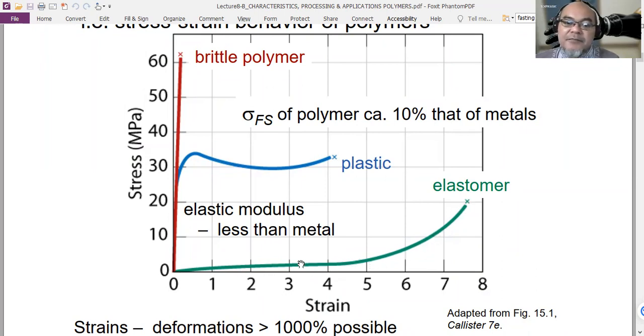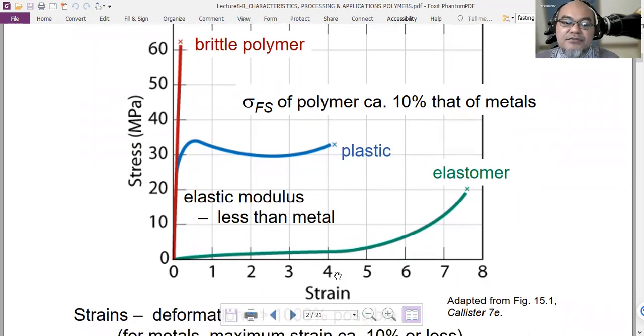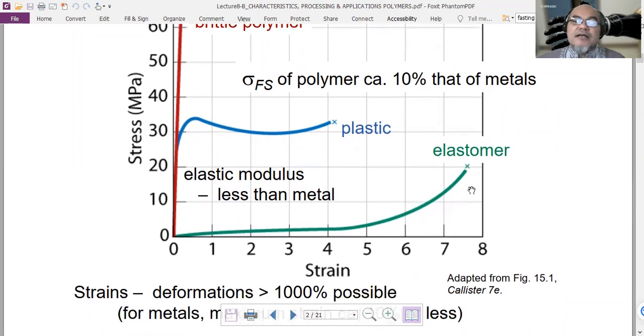As you can see here, it can be stretched up to 7 strain. It means 700% of its original length, 7 times its original length, with a small amount of stress. So, for example, rubber is very elastic, and these are called elastomers.